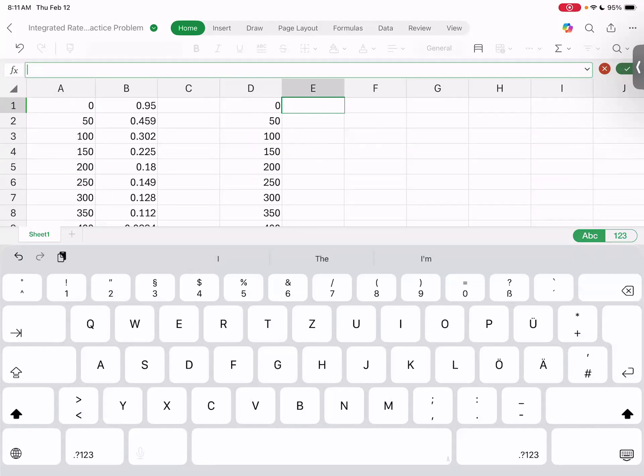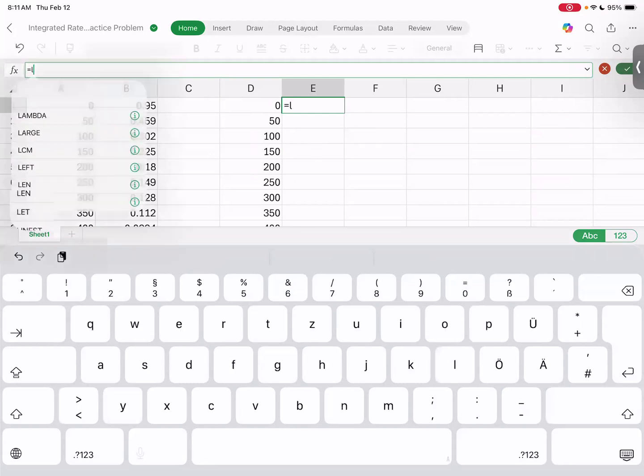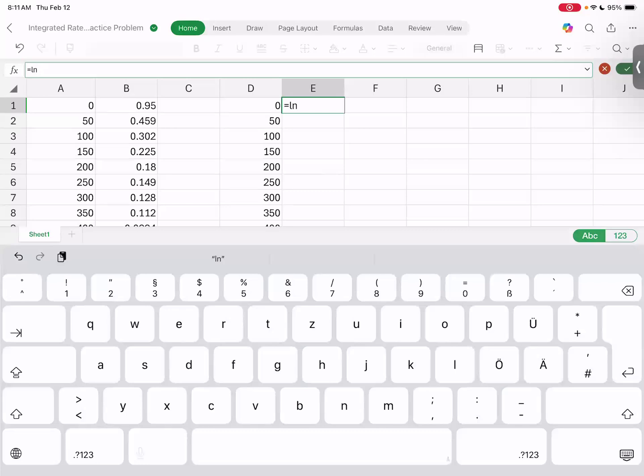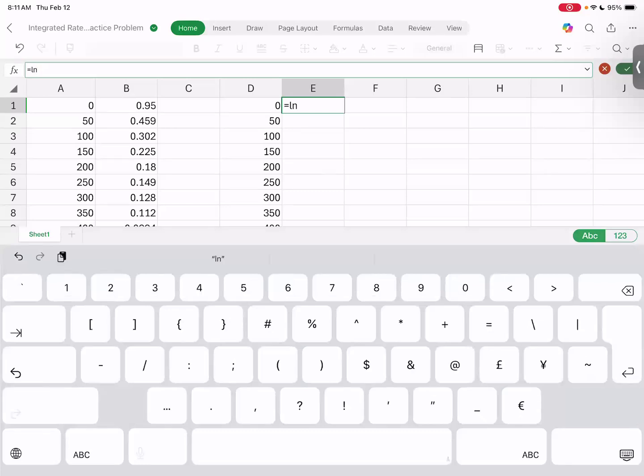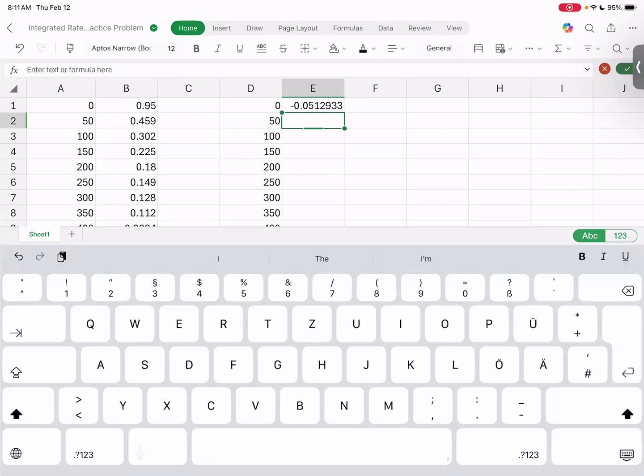It is going to be equal to the natural log of B1.